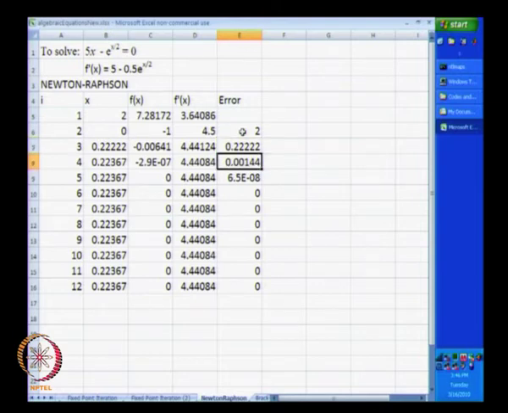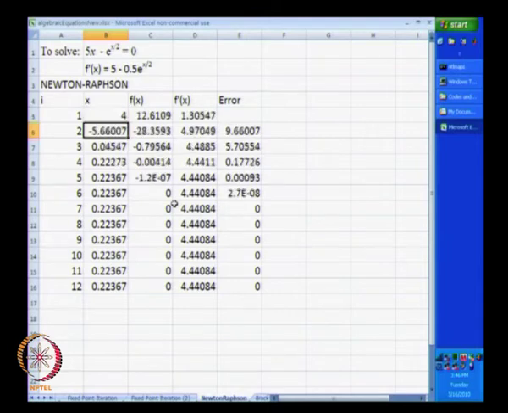Beyond this it is almost a 100th reduction, and beyond this it is almost a 1000th reduction, or maybe even more than that. So this does indicate a quadratic rate of convergence, if not quadratic, definitely much faster than a linear rate of convergence.